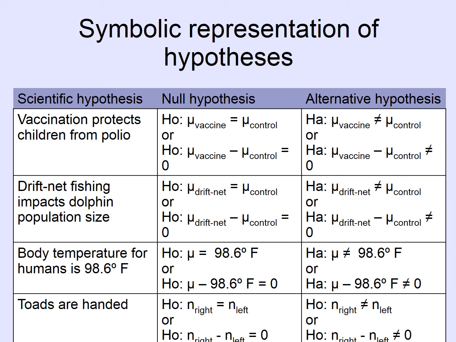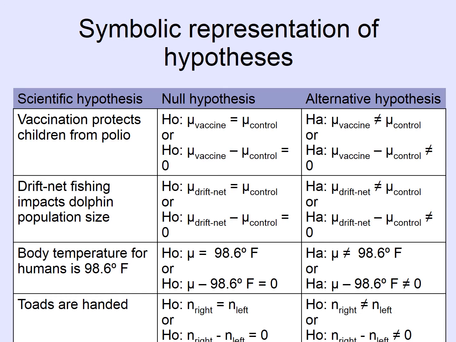An alternative way to say that mathematically, same thing: the mean polio infection rate for vaccinated children minus the mean polio infection rate for control equals 0. So really understand what that mean is talking about. And that was intimated in what we were doing in our scientific hypothesis, that we were looking at, as an outcome variable, polio infection rate.